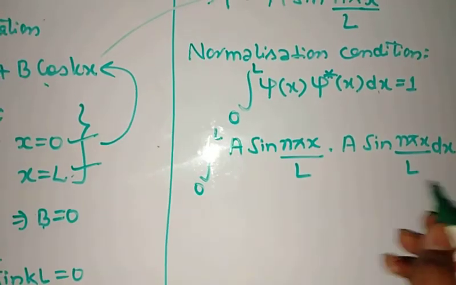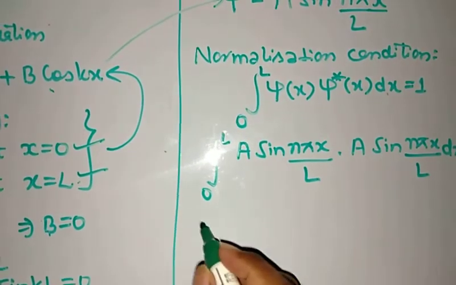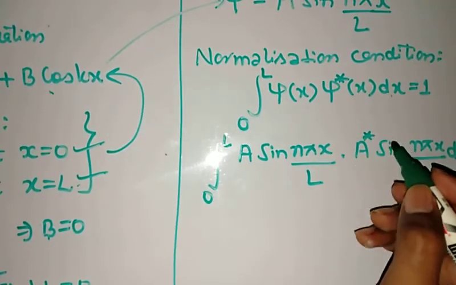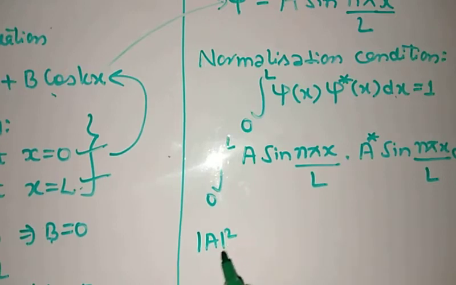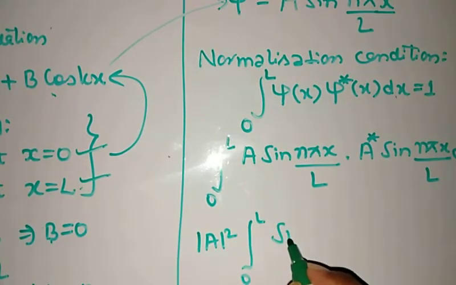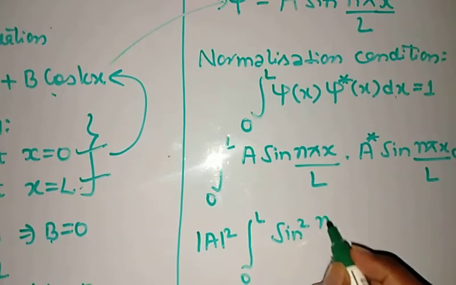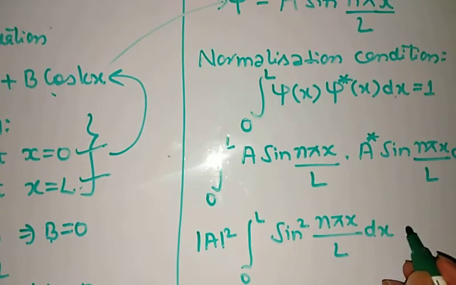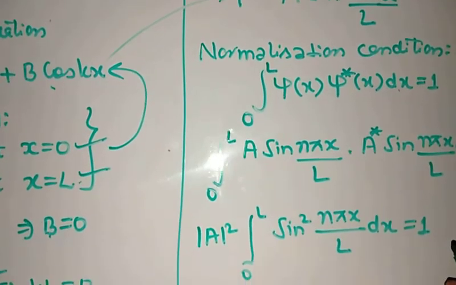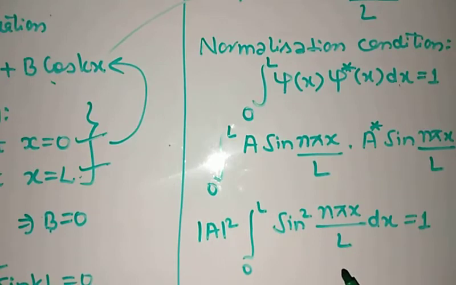Now we will integrate it. So this is the A star. You can write mod A square, 0 to L, sin square n pi x by L dx is equal to 1. Now we are going to integrate this portion.